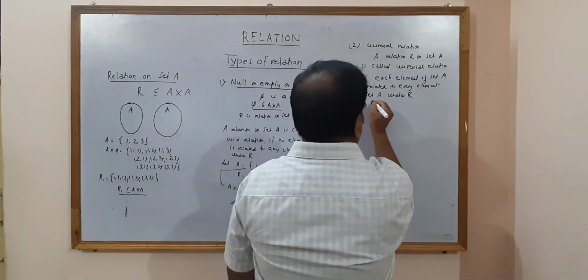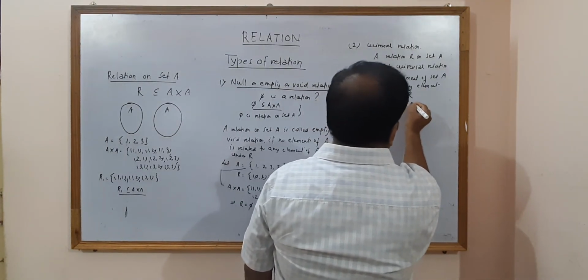That is, we will write R is equal to A cross A.